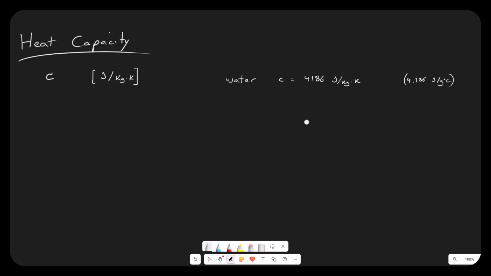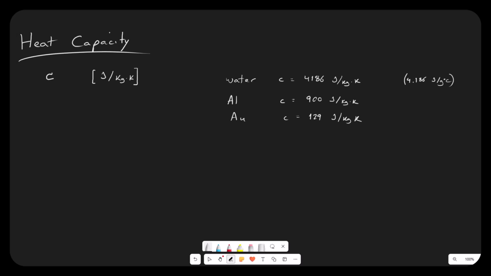The only downside to starting with water is that it gives you kind of an unreal sense of scale. So if you start looking at some other materials, aluminum has a heat capacity of 900 joules per kilogram Kelvin. Gold has a heat capacity of 129 joules per kilogram Kelvin.